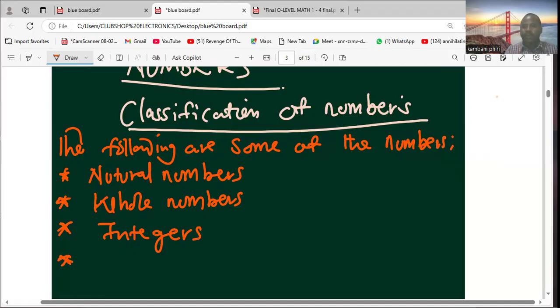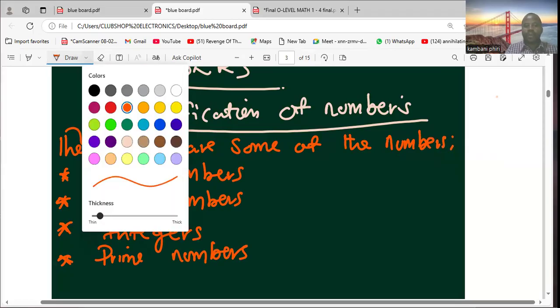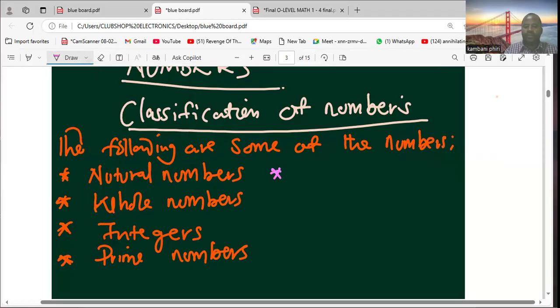Then we have prime numbers. Then we also have even numbers. We have odd numbers.